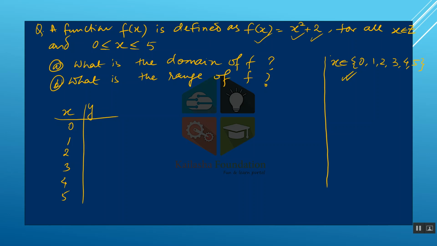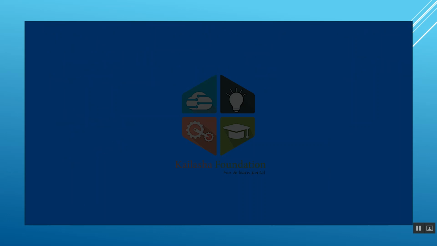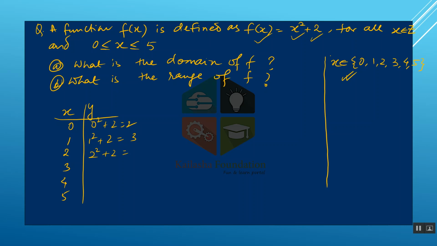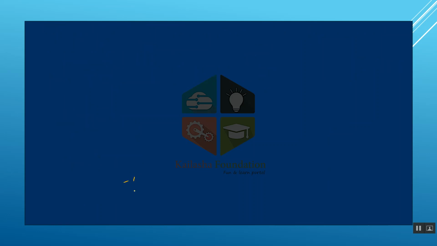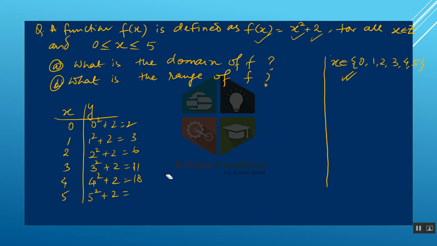So for 0 we'll have 0 square plus 2, that is 2. 1 square plus 2, that is 3. 2 square plus 2, that is 6. 3 square plus 2, that is 11. 4 square plus 2, that is 18. Sorry. 5 square plus 2, that is 27. Extremely sorry for this. 27. Okay.